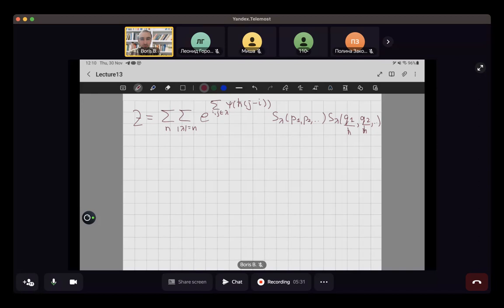Let me write the formula. And it's again a definition. So all these are definitions, yes? This is the definition of the vacuum and vacuum vector. This is a definition of J, and it's again a definition.